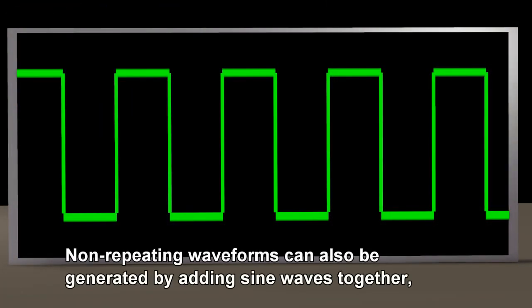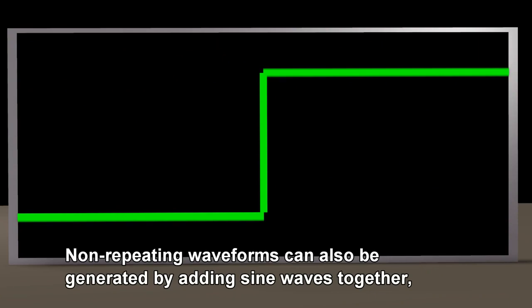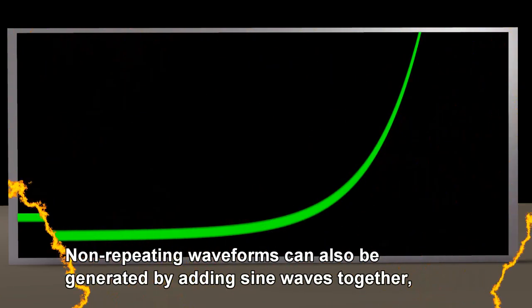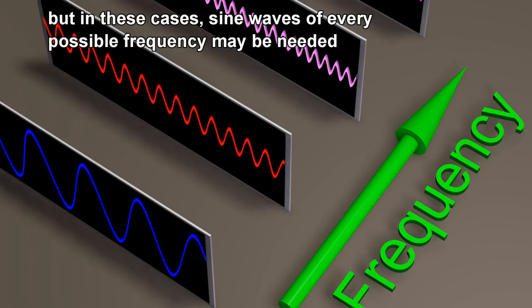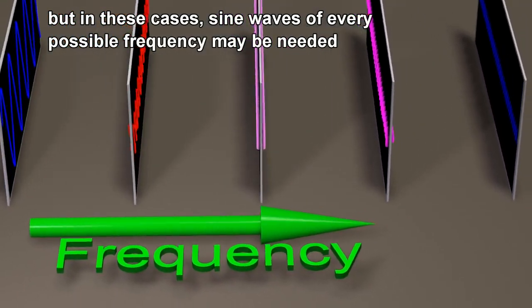Non-repeating waveforms can also be generated by adding sine waves together. But in these cases, sine waves of every possible frequency may be needed.